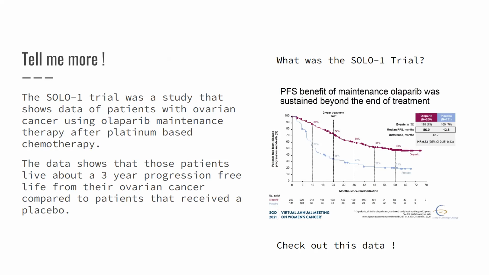The data shows that patients who received Olaparib lived a 3-year progression-free life from their ovarian cancer compared to the patients that received the placebo. On the right-hand side, you can see the chart that the SOLO-1 trial produced.